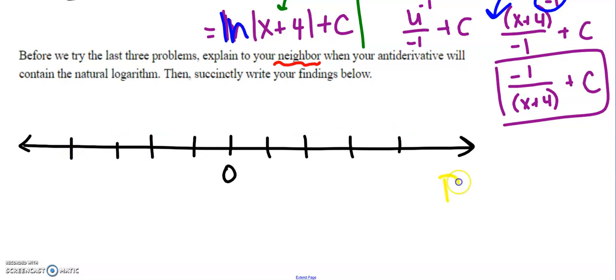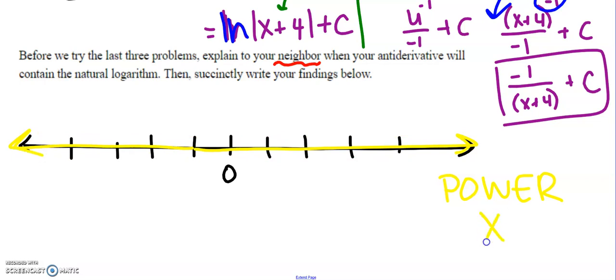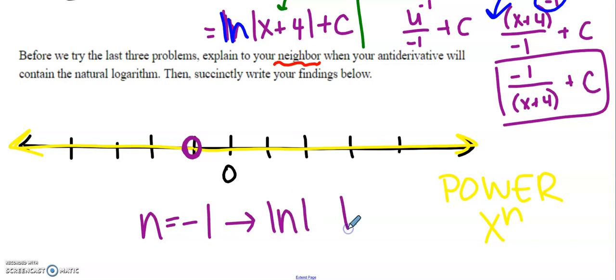I can use the power rule for any number for x to the n, except when n equals negative 1, that becomes the natural log of the absolute value plus c.